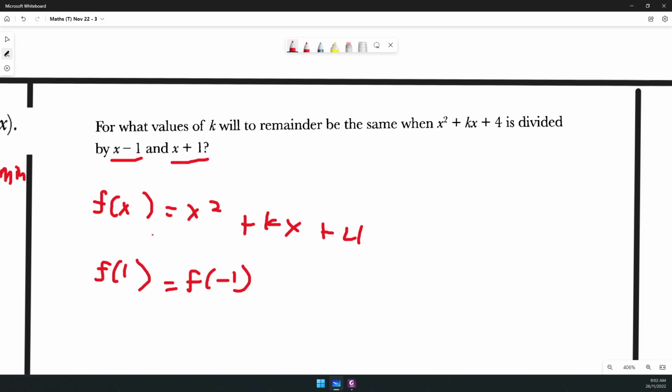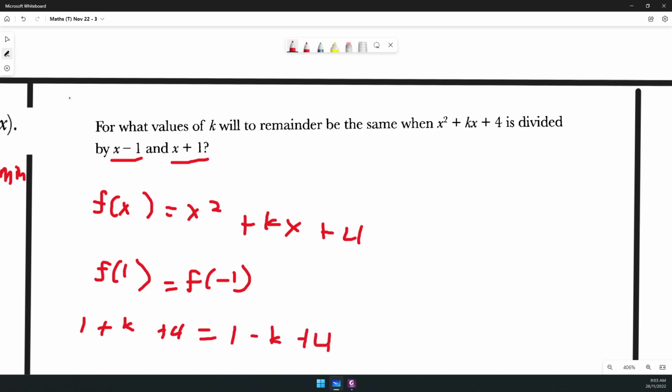So 1 squared is always going to be 1, then kx. Negative 1 squared is still 1, but here will be the change. So it will be 1 plus k plus 4 equals 1 minus k plus 4.